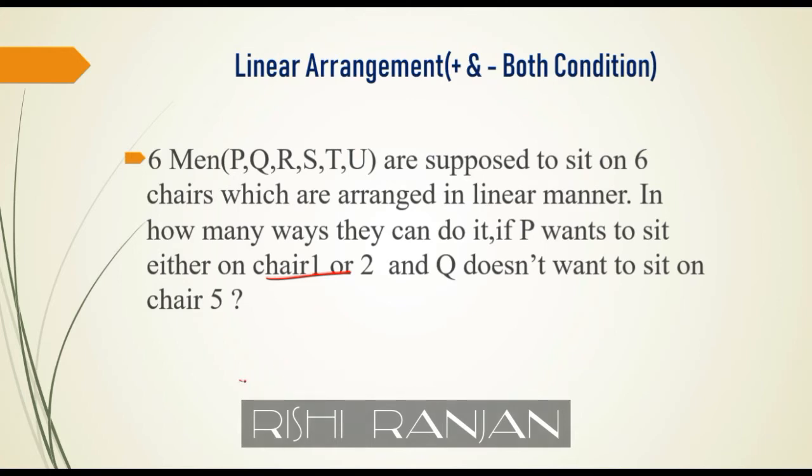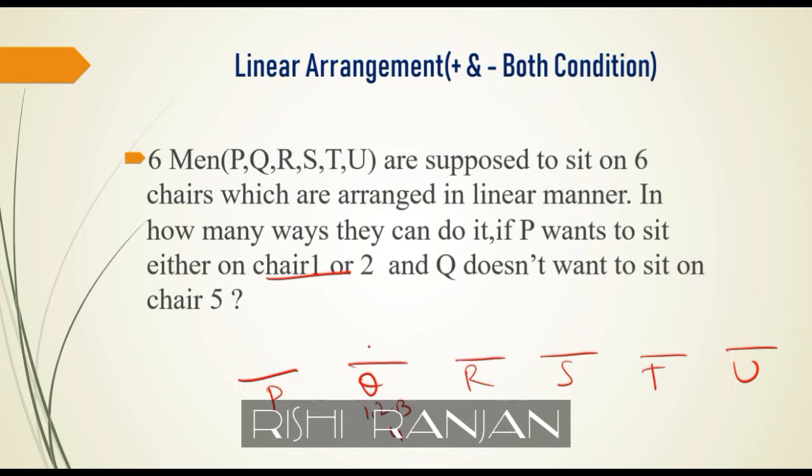Let's see. 1, 2, 3, 4, 5, 6. P wants to sit on chair 1 or chair 2. So P, Q, R, S, T, U. Now because Q does not want to sit on chair 5, not chair 5 means it can be 1, 2, 3, 4, any one of them.